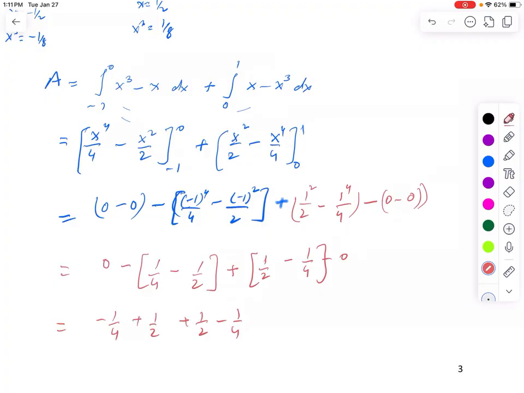So if I take the common denominator to be 4, I have -1 plus 2 plus 2 minus 1. So I get 4 minus 2 over 4. So we get 2 over 4, which is 1/2.